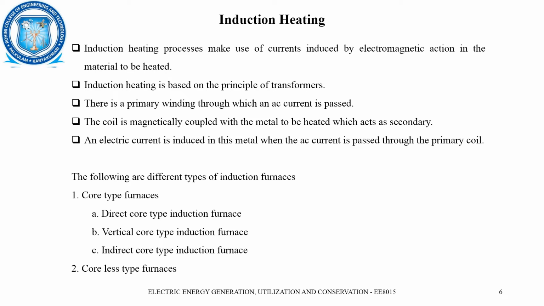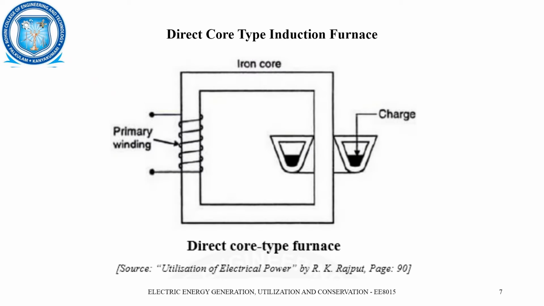Let us consider the core type furnaces, where we have direct core, vertical core and indirect core type furnaces. Let us see the direct core type furnaces. Here the primary winding is on one arm of the iron core, so it is like a transformer, isn't it?